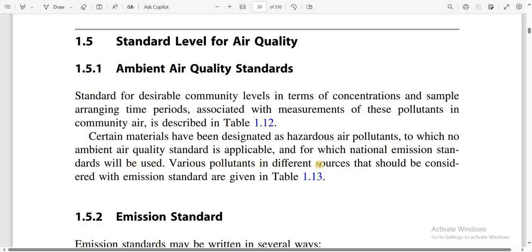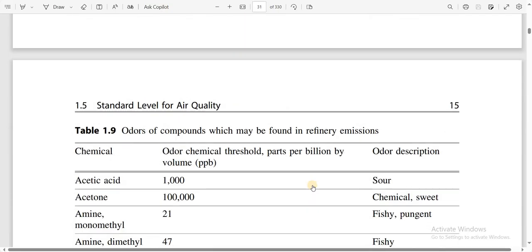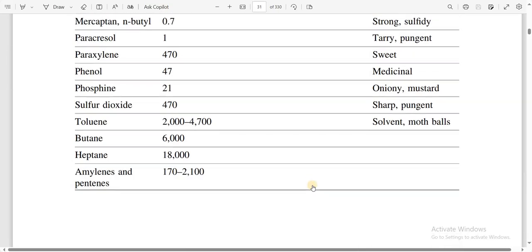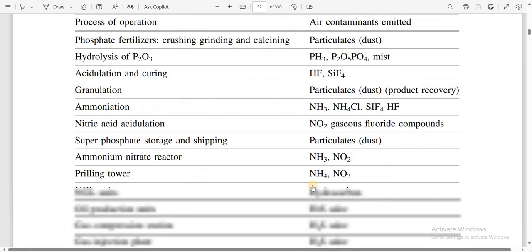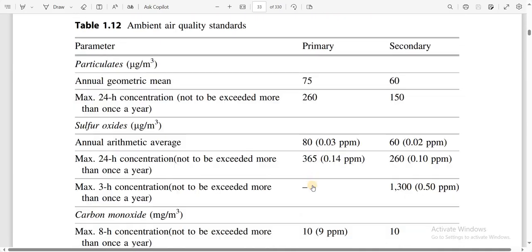Various pollutants in different sources that should be considered with emission standards are given in table 1.3. So in table 1.2 and 1.3 it is clear what kind of measurements should be there.